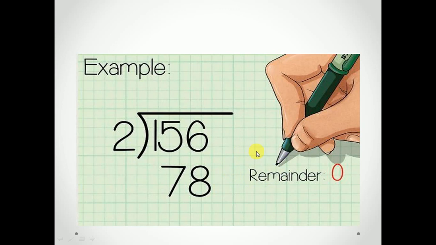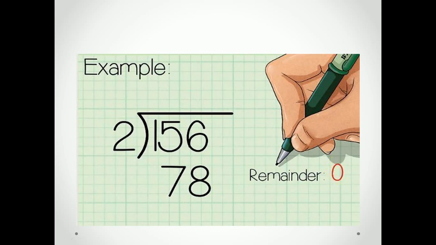So this is one step: 156 is divided by the base to which it is to be converted, that is 2, the quotient is calculated and the remainder is recorded, that is 0.